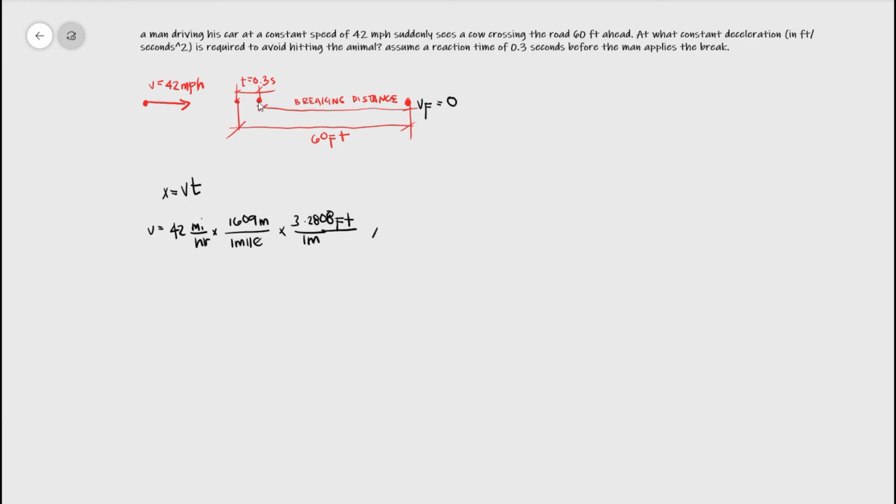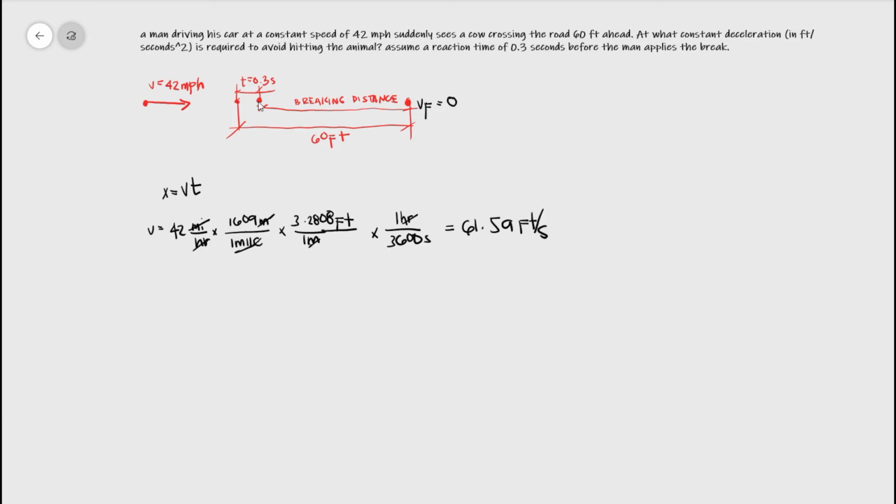Converting hours to seconds, for every hour there are 3,600 seconds. Then hour, meter, and mile will cancel out. Therefore, we have 61.59 feet per second. That is the speed of the car.